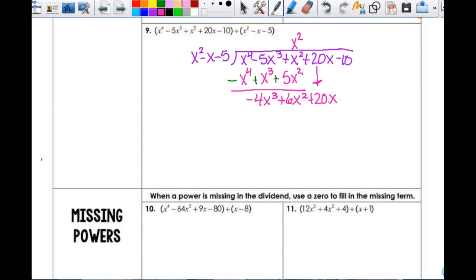Then x squared divides into negative 4x cubed. That gives you a negative 4x. So that when you multiply it back, you get negative 4x cubed plus 4x plus 20x.